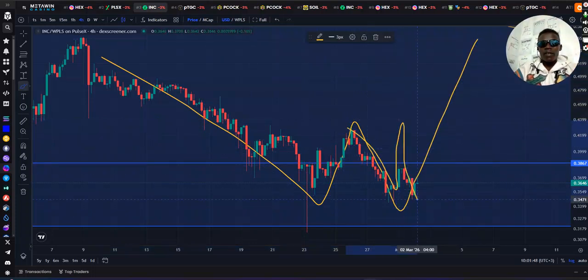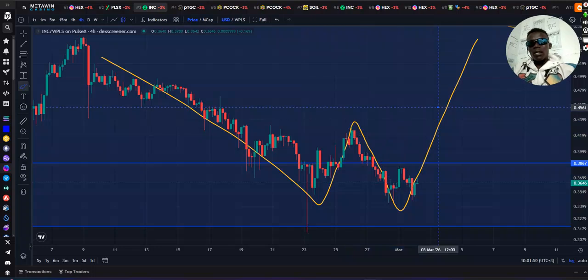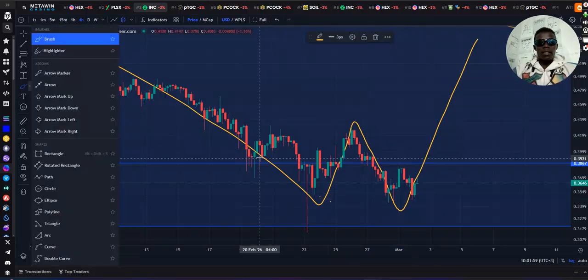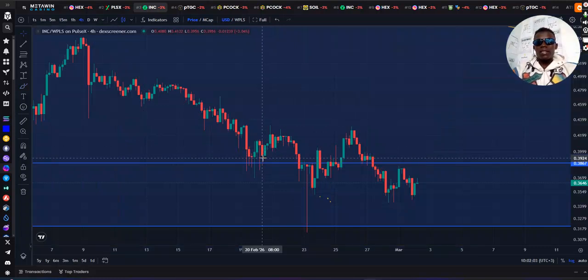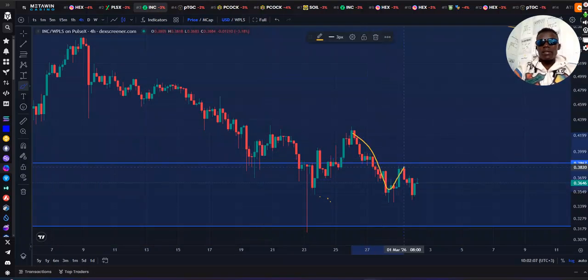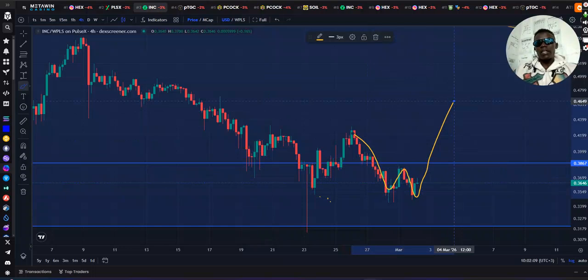Even we have the fractals, the small W patterns that are happening on the market. So that is to say that the price is still showing that it's being rejected at these low points here.